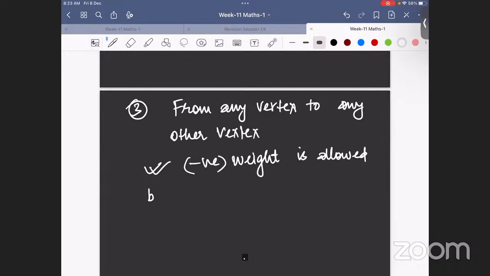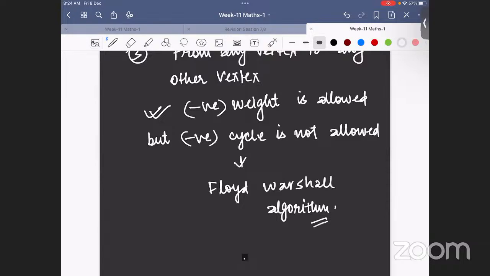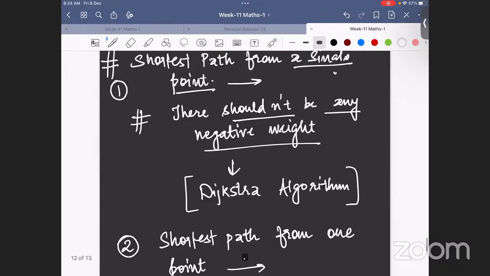But a negative cycle is not allowed. Okay, then you can use the Floyd-Warshall algorithm. Okay, these three methods have been given to you to calculate the shortest path.